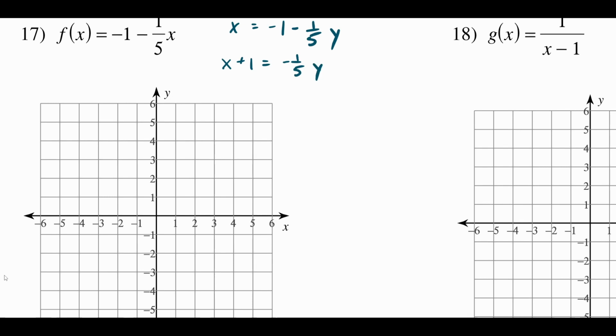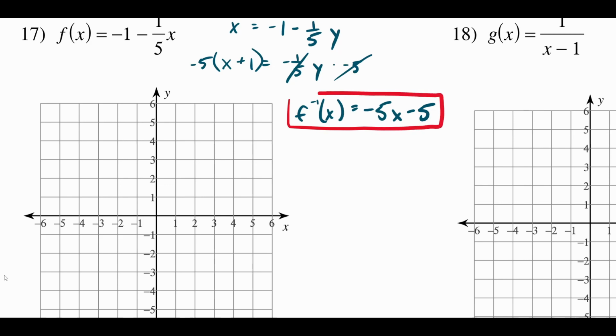When I multiply both sides by a -5, you'll see that my 1/5, that's negative, cancels out. So I'll get that y, which represents the inverse of f of x, equals -5 times x plus 1, which is -5x minus 5. So here we have the inverse of the function.